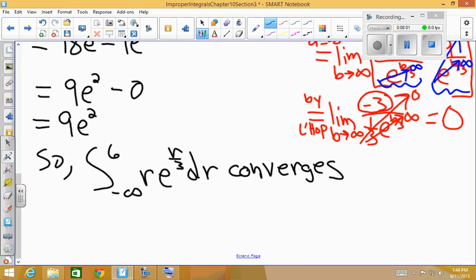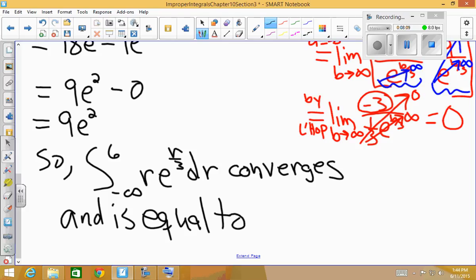It converges and is equal to 9e squared.